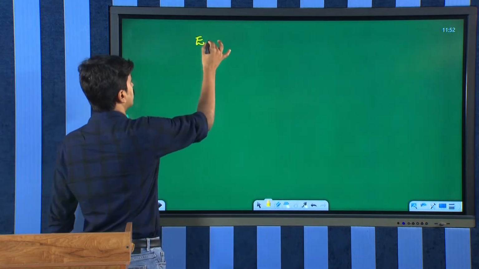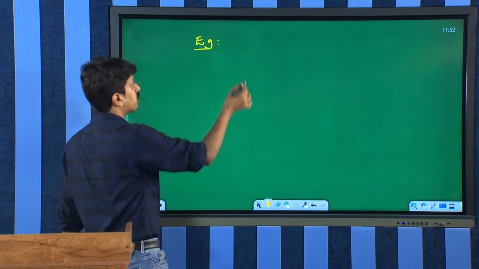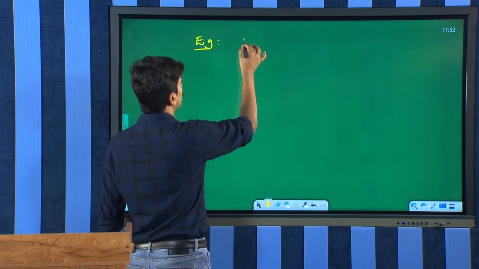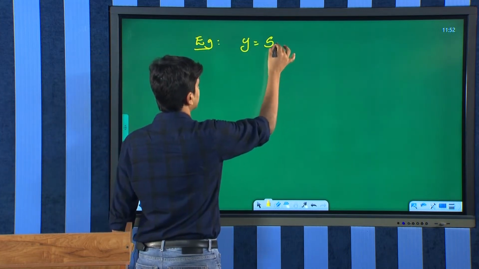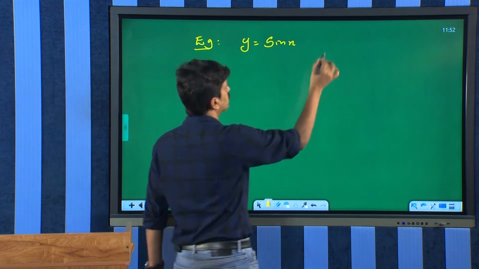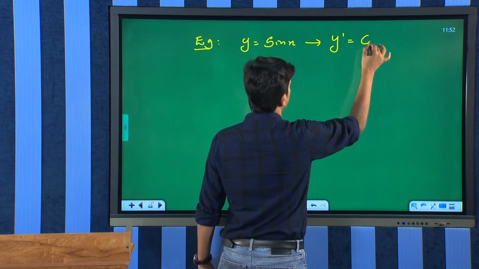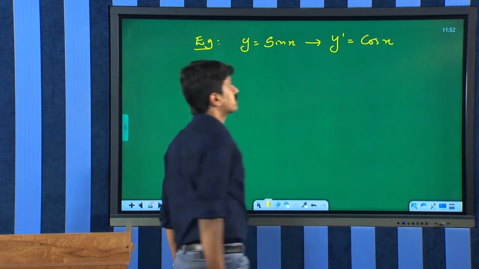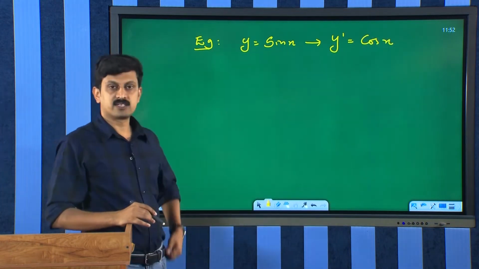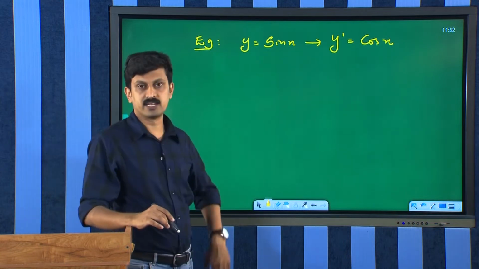In this example 2, y is equal to sin x is a solution of y dash is equal to cos x. We can check y dash, the dy by dx.